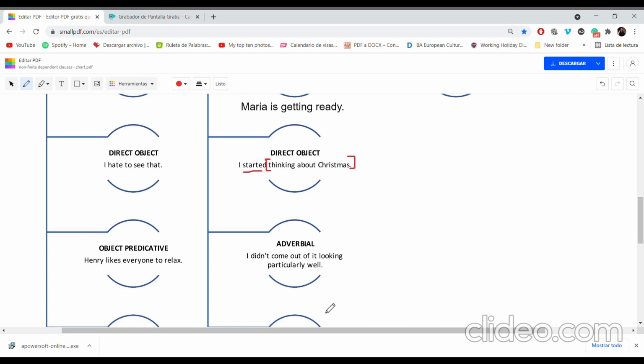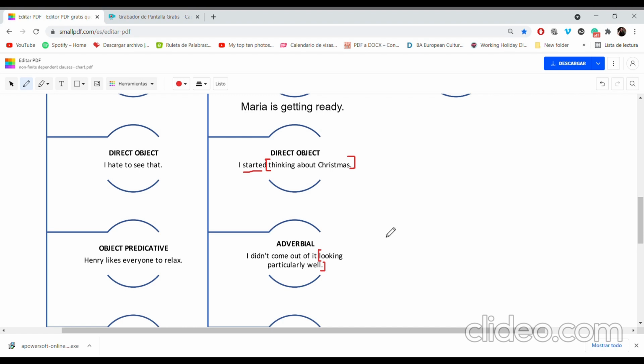Ing clauses can also be adverbials in their function in a major clause. For example, here we have: I didn't come out of it looking particularly well. Always consider the meaning or the implied meaning in the clause.